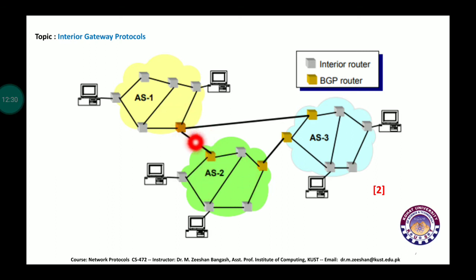However, there is a different category of routing between the autonomous systems. Border Gateway Protocol or some other gateway protocol is used for communication between the different autonomous systems.